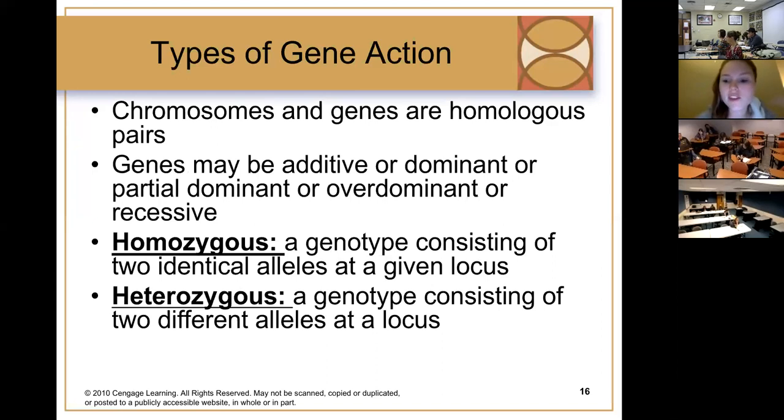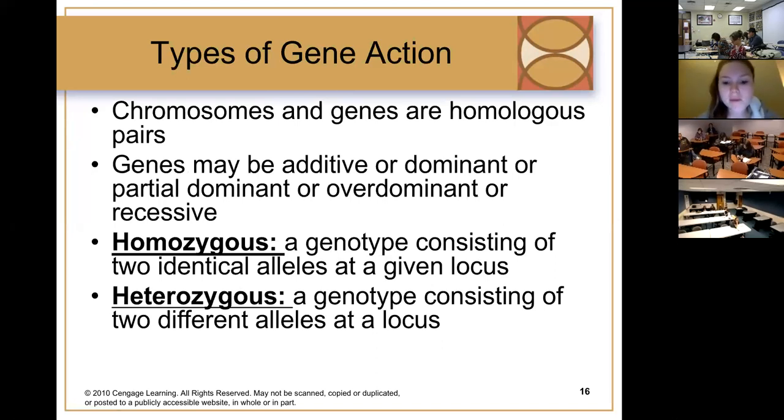So if you get the gene for brown and you also get a gene for blue, you're going to have brown eyes. That's how that works. And I'll explain that in a couple slides. They could be partially dominant or overdominant or recessive. Recessive would be that blue eye trait. Recessive would mean that it's not dominant. So you would need to have all of those genes being for blue eyes, basically.